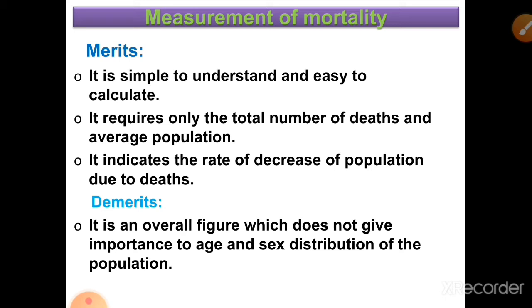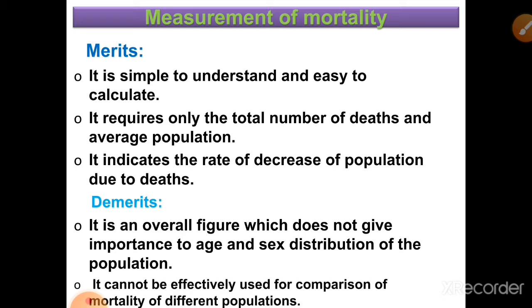So here in CDR the main drawback is that they are not considering age and sex distribution of the population. The second demerit is it cannot be effectively used for comparison of mortality of different populations because they are not considering age and sex of the population.